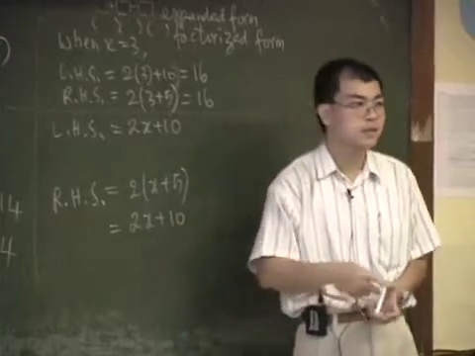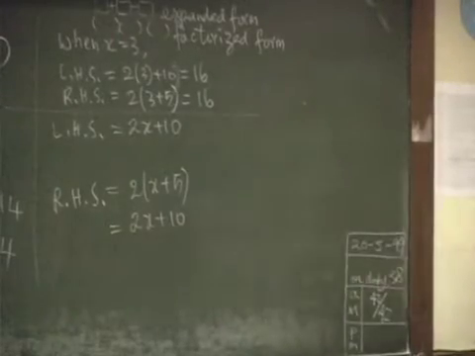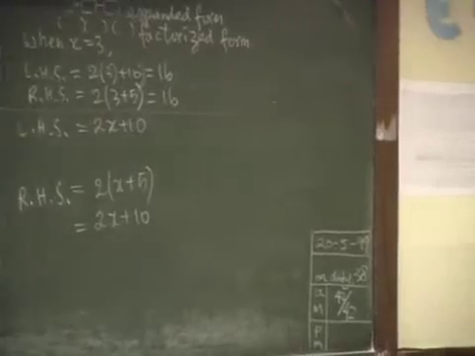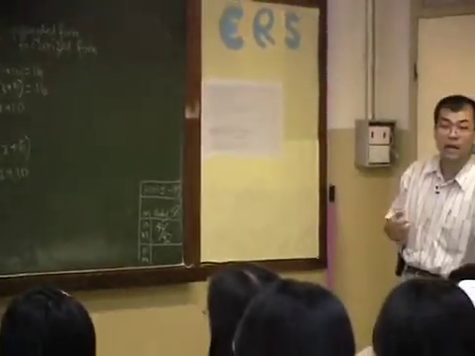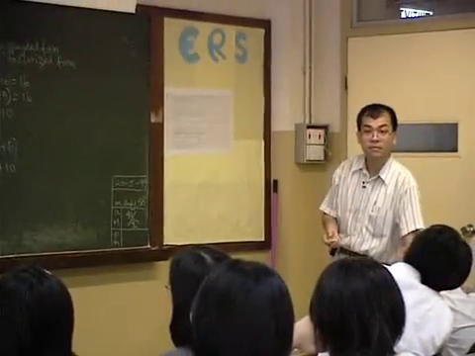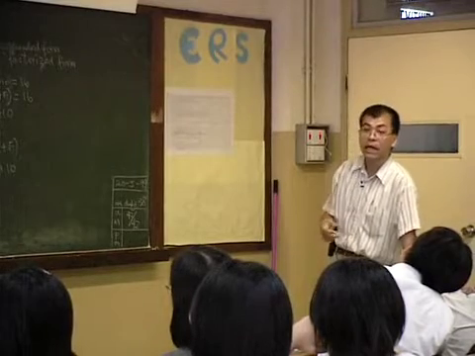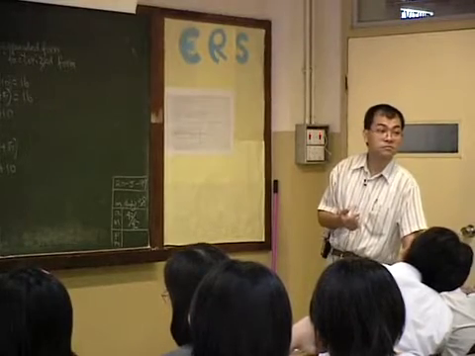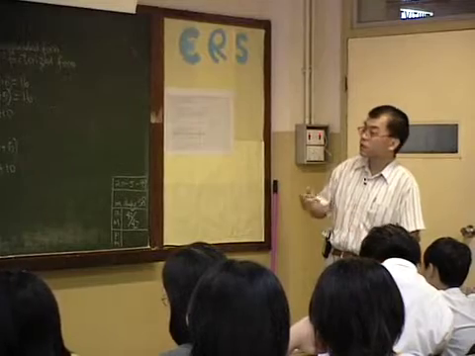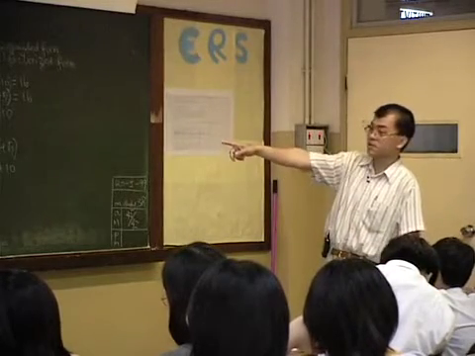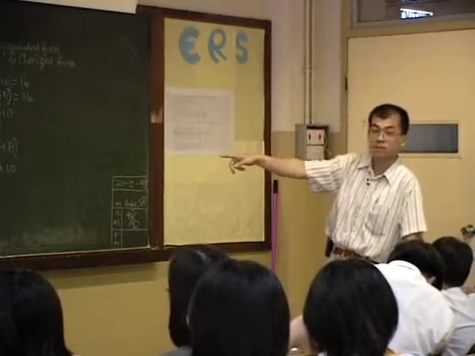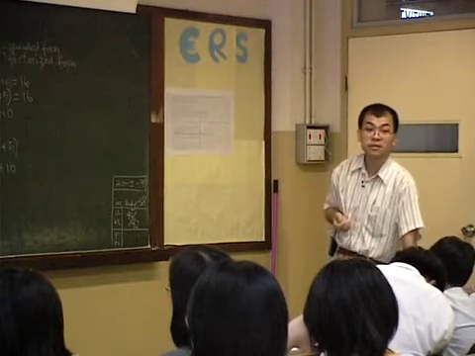Therefore, will they be always the same? Yes. In fact, on both sides, the expressions are exactly the same. Or we say that they are identically the same. Therefore, no matter what the value of x is, when you substitute for x, the changes will be the same.